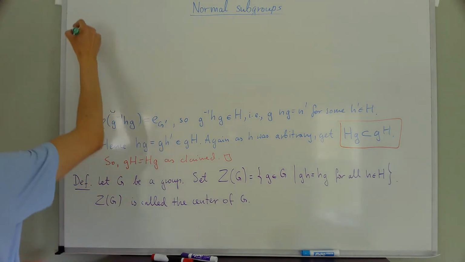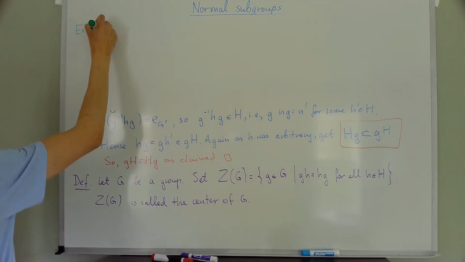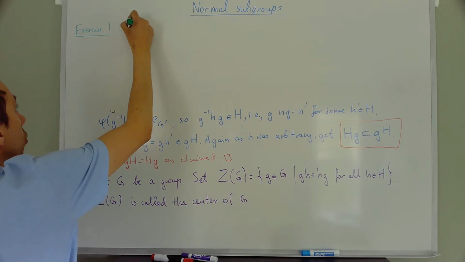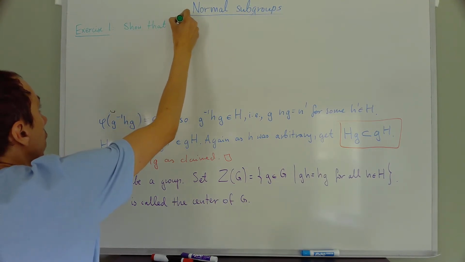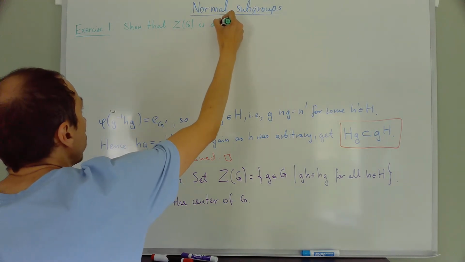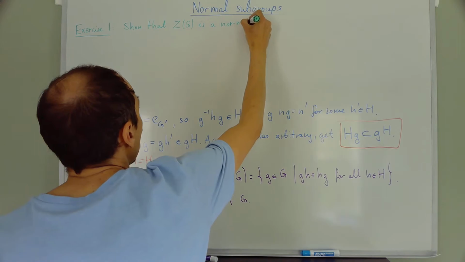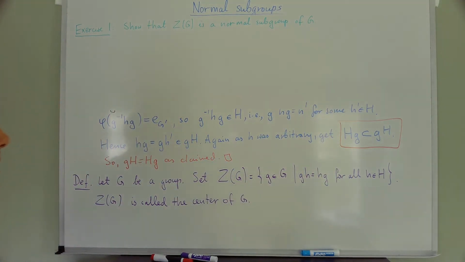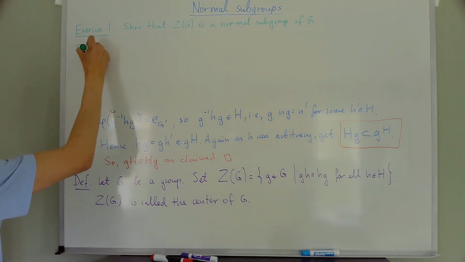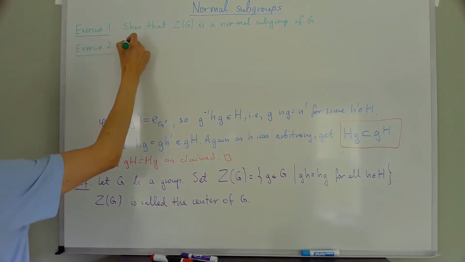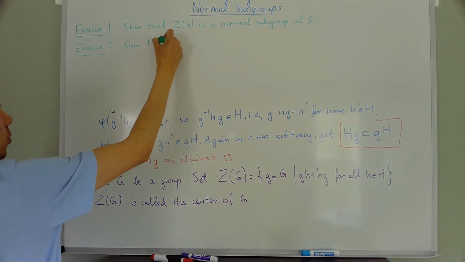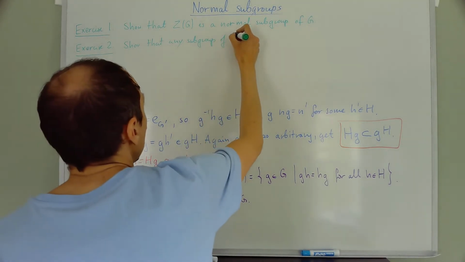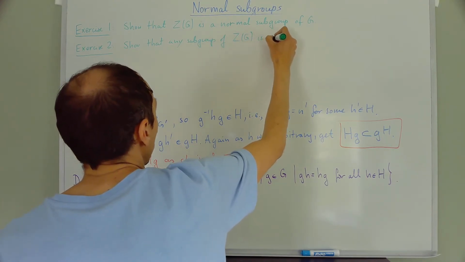Exercise 1, show that Z of G is a normal subgroup of G. And exercise 2, show that any subgroup of Z of G is normal in G.